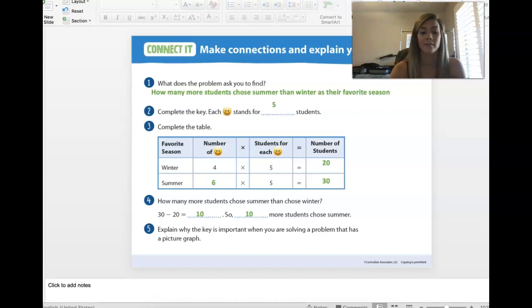Number 5. Explain why the key is important when you are solving a problem that has a picture graph. Give you about 20 seconds to think about that one.